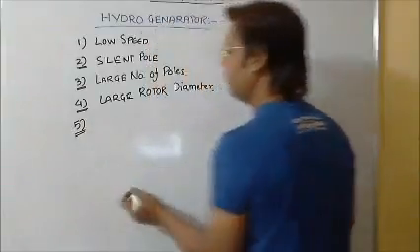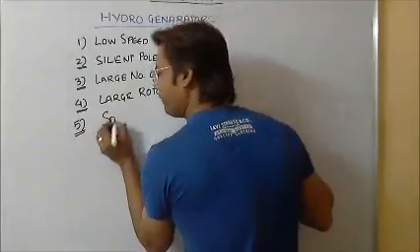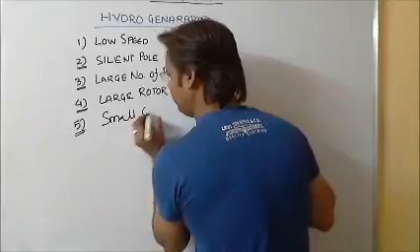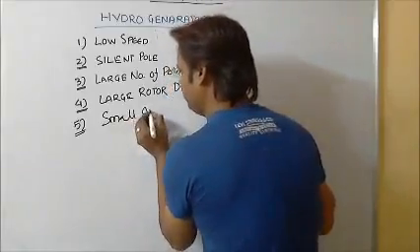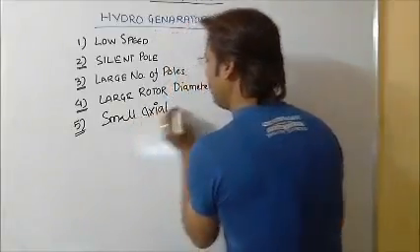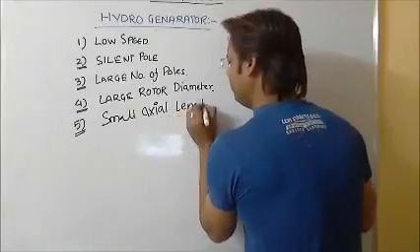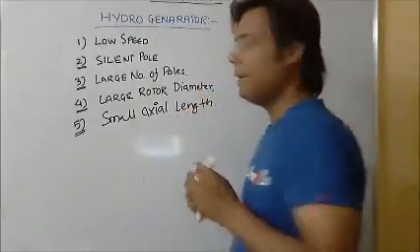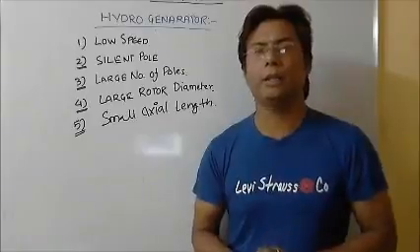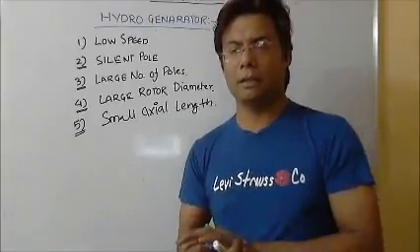And fifth will be small axial length. Everything is correlated to each other in the hydroelectric plants.